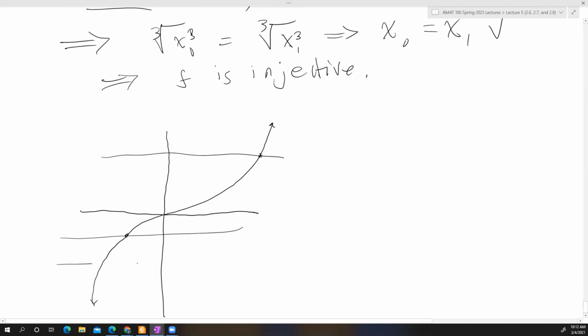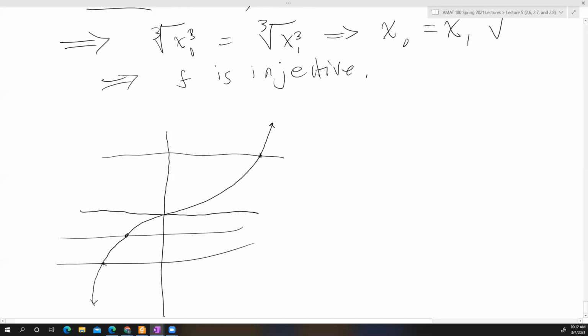Now this isn't a proof, because what the horizontal line test says is I have to consider every single horizontal line through the graph, but there are an infinite number of horizontal lines.